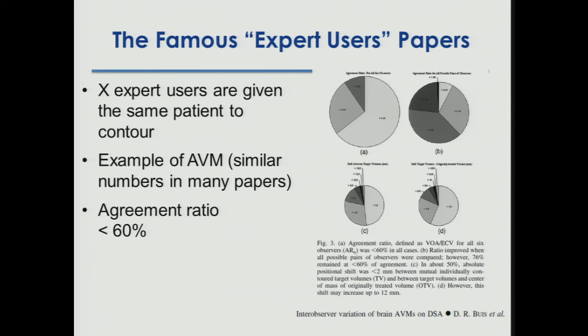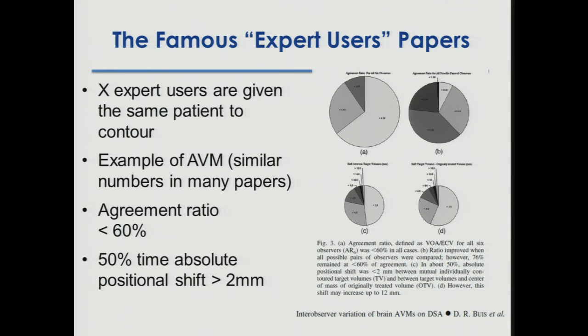The agreement ratio between different expert users is less than 60%. We need to encourage our physician colleagues to do something about this. This is, I don't know, it gets me a little bit aggravated. 50% of the time, the absolute positional shift of the center of mass of your target here is larger than 2 millimeters. This is a well-visualized AVM.